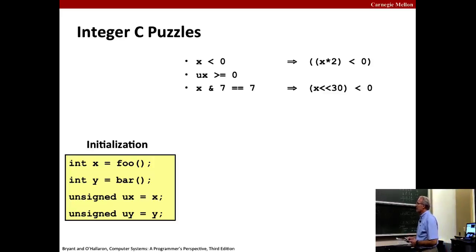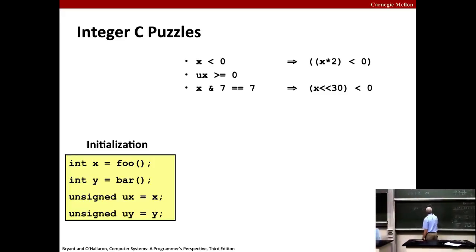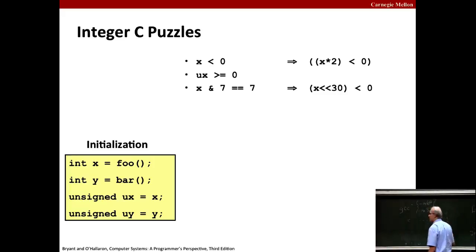This is slightly more obscure. If I take x and I mask off, 7, you remember, is the bit pattern 1, 1, 1. So if I mask off all but the lowest 3 bits, and I find that those are all 1s, I'm already giving you the answer here, and then I shift it left by 30 positions, what can I say about the result? So I know that x must finish with 3 1s, right?